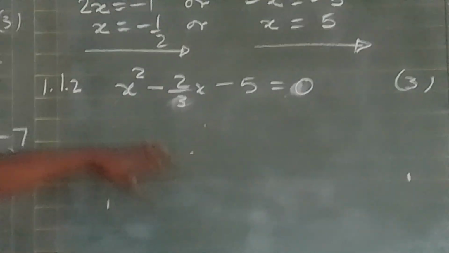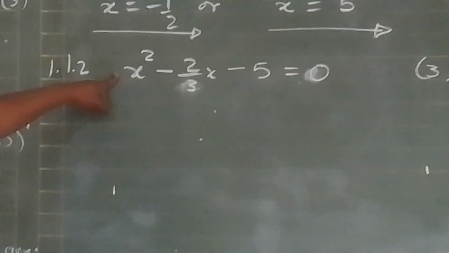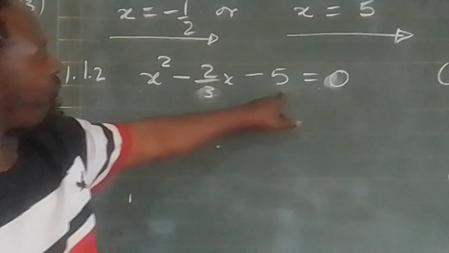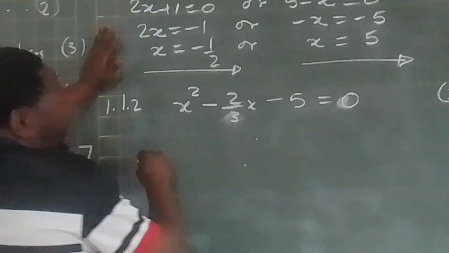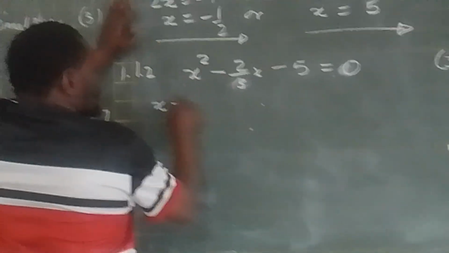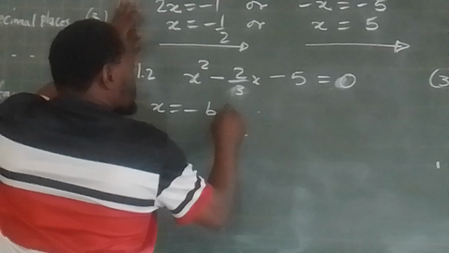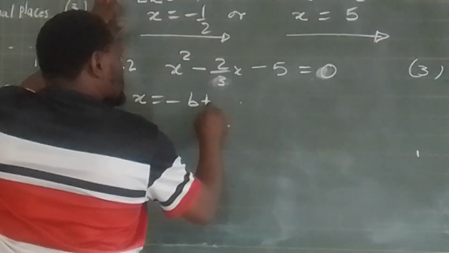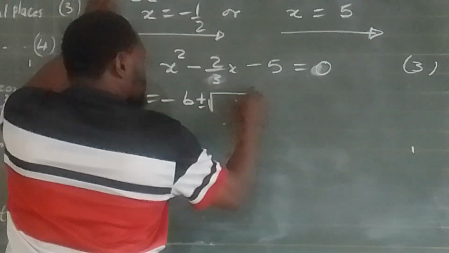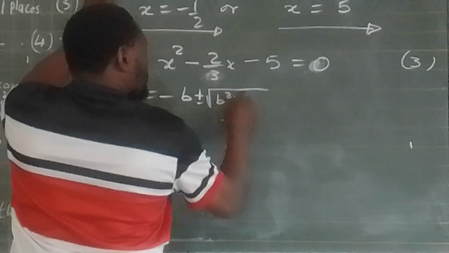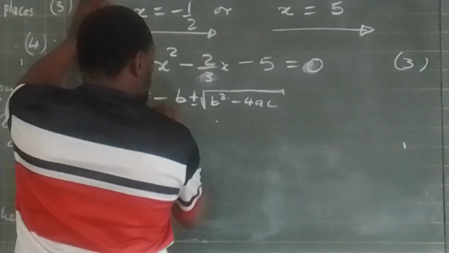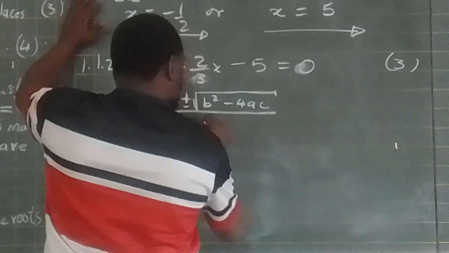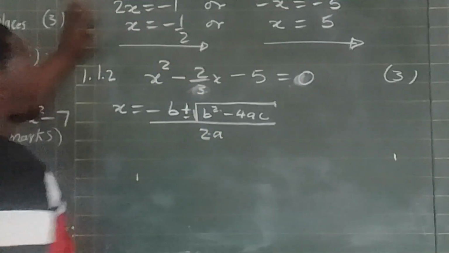So if it is like this, you can see that this is your a, this is your b, this is your c. Now you go and say x is equals to minus b plus minus a root of b squared minus 4ac all over 2a.